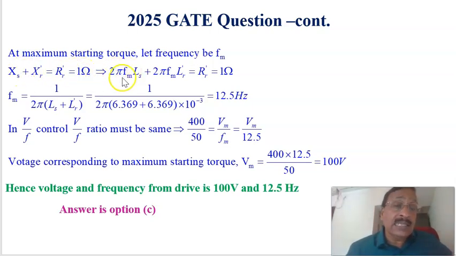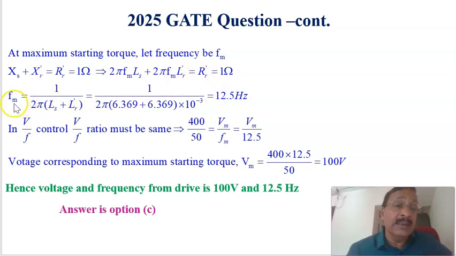XS equals 2 pi Fm LS, plus XR dash means 2 pi Fm LR dash. Already we have found LS and LR dash in the previous slide. And that should be equal to the resistance, which is 1 ohm. That is the condition to be satisfied to get a maximum starting torque. Substituting here, the only unknown is Fm, because LS as well as LR dash are already calculated.